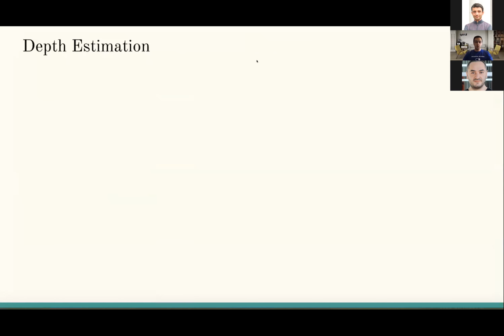And our next one is depth estimation. What is depth estimation? The main goal is, by getting an RGB image as input, for each pixel it gives you that pixel's depth, like it measures that pixel's distance from you.